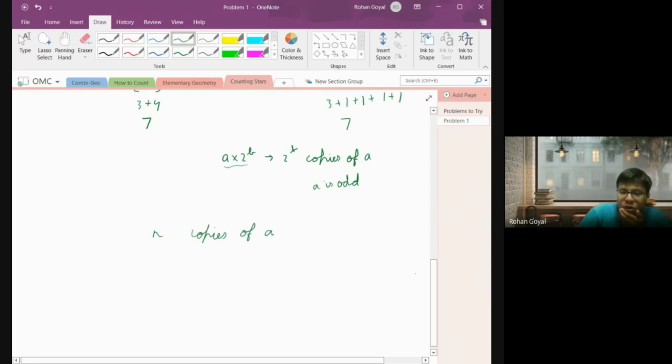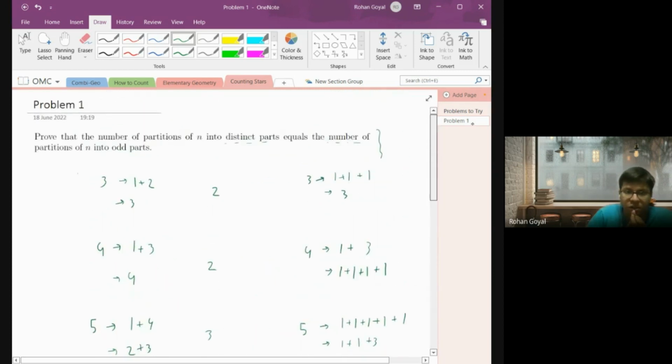So you want to make it into a into 2 to the I1 plus a into 2 to the I2, and so on, up to a into 2 to the IK, but you also want to make sure that these 2 to the I's are distinct, because otherwise that will break our idea that it should be into distinct parts.